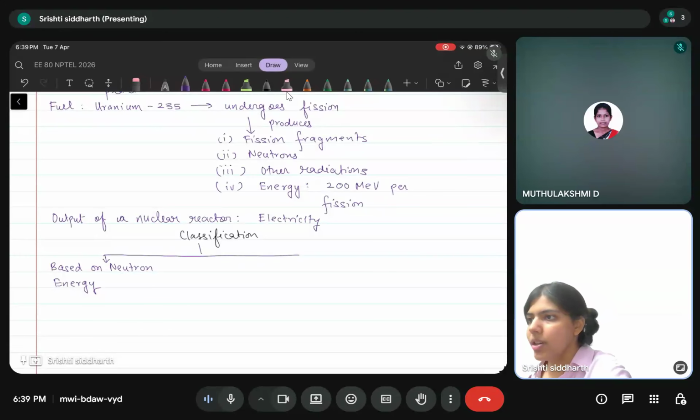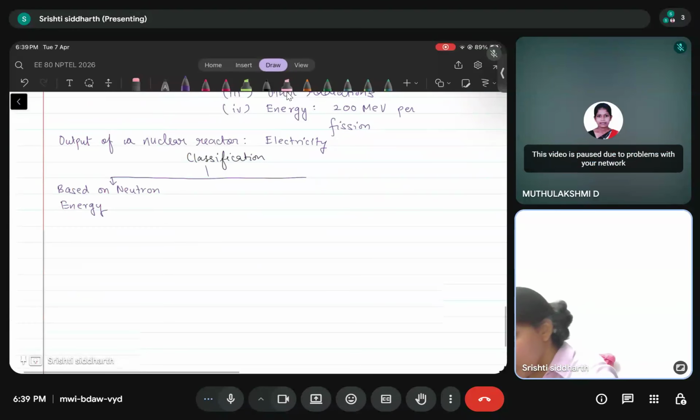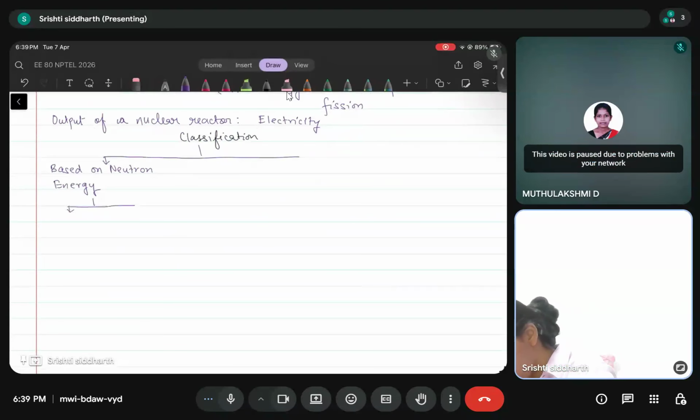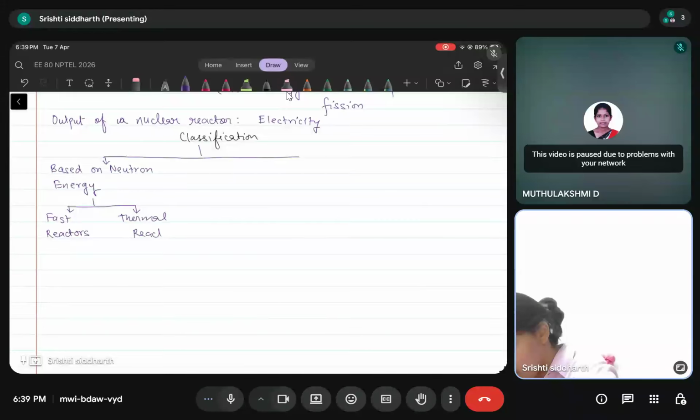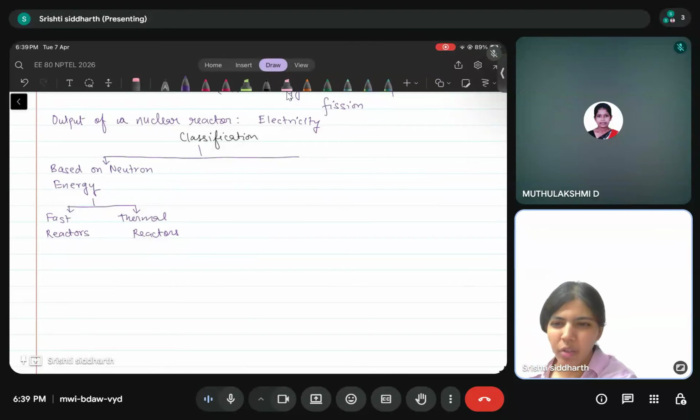Based on the neutron energy, we have fast and thermal reactors. Fast reactors and thermal reactors. So generally in India we have thermal reactors, and I think one of the fast reactors is under construction. But I think it's operational now, so you can check that.